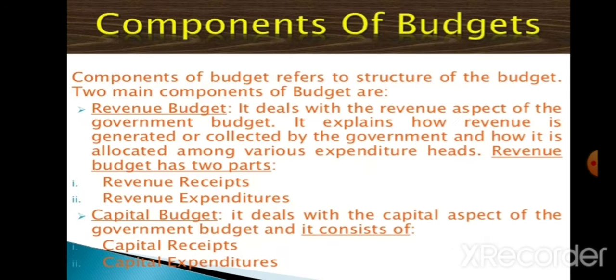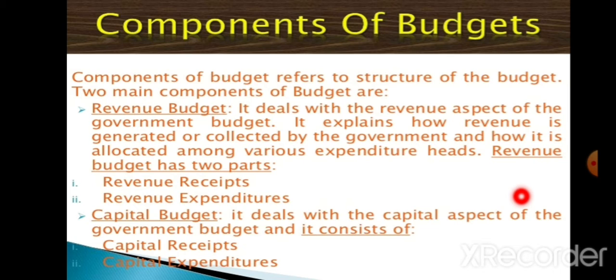Students, firstly, we discussed that components of budget are revenue budget and capital budget. In revenue budget, there are two parts, revenue receipts and revenue expenditure, which means both are of revenue nature. Receipts and expenditures of revenue nature are included in the revenue budget.